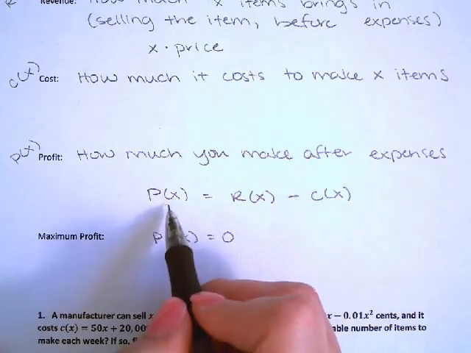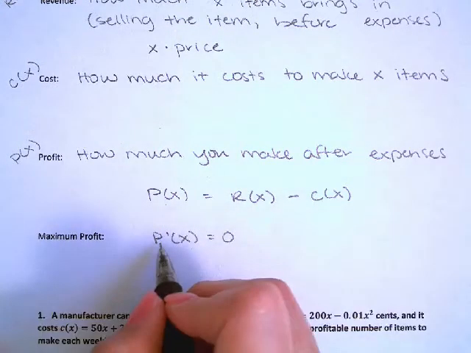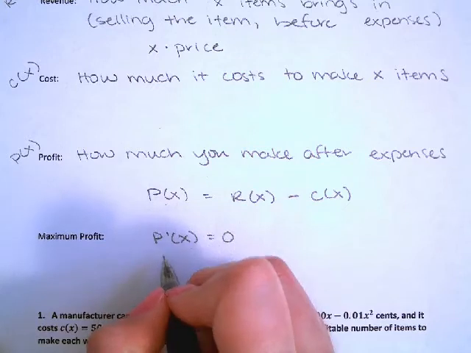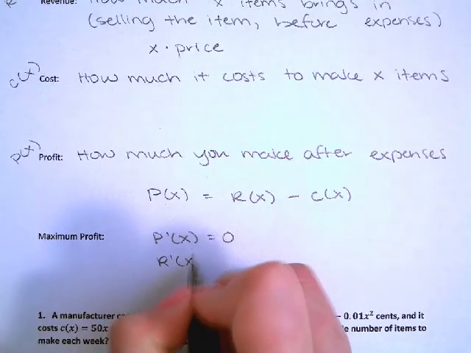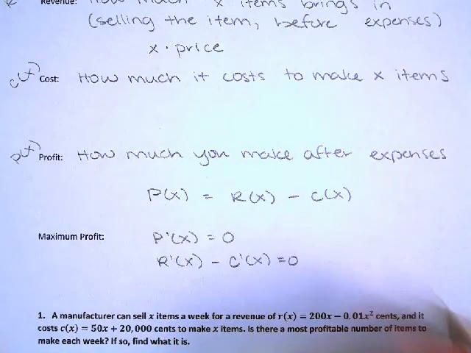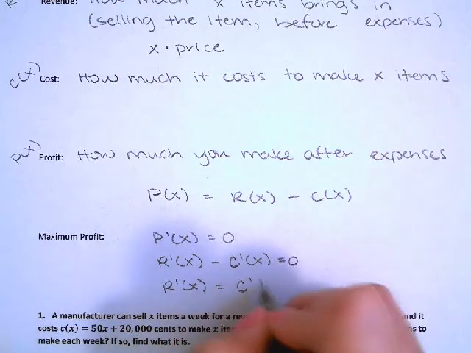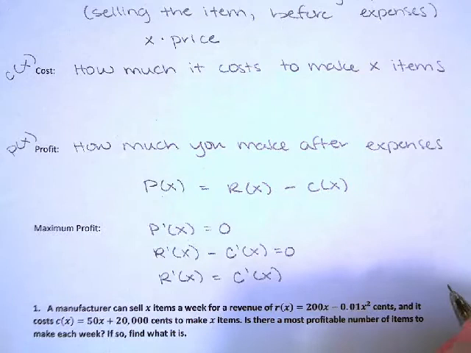So if we remember the properties of derivatives, p prime of x equals 0 is the same as saying that r prime of x minus c prime of x equals 0, which is the same as when you look to see where the change in revenue is the same as the change in cost. So that's where your maximum profit is going to happen, right?